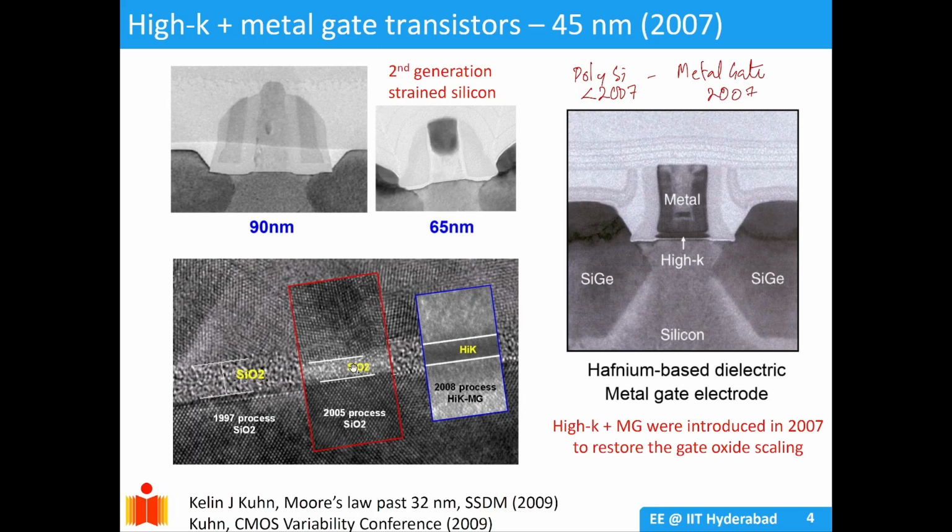So instead of that, we can change it to high K and keep the dielectric thickness higher while reducing the effective oxide thickness. And instead of polysilicon gates, we can use metal gates.